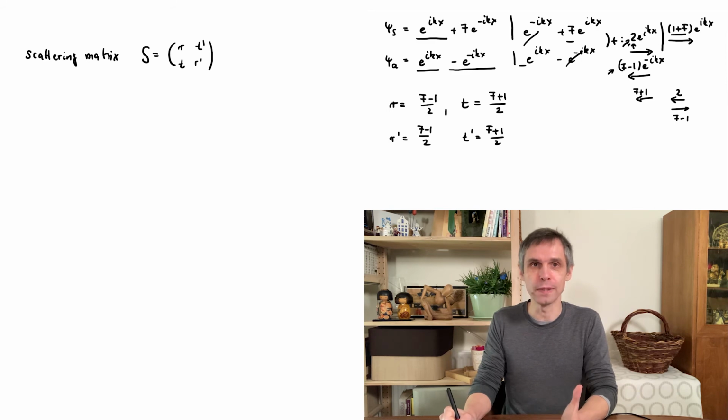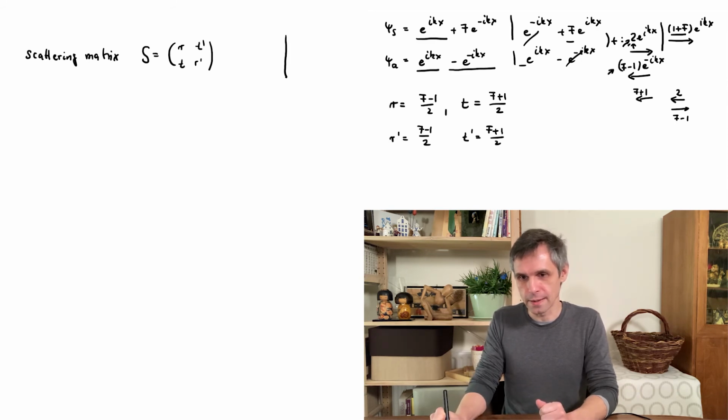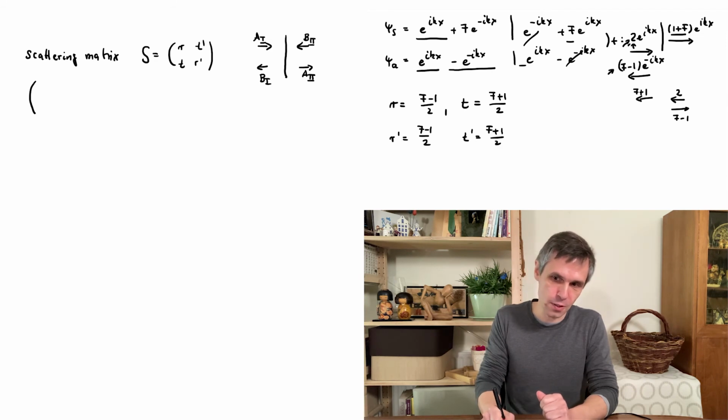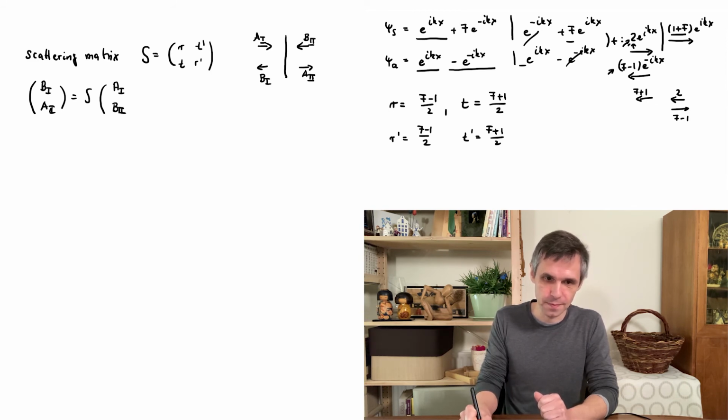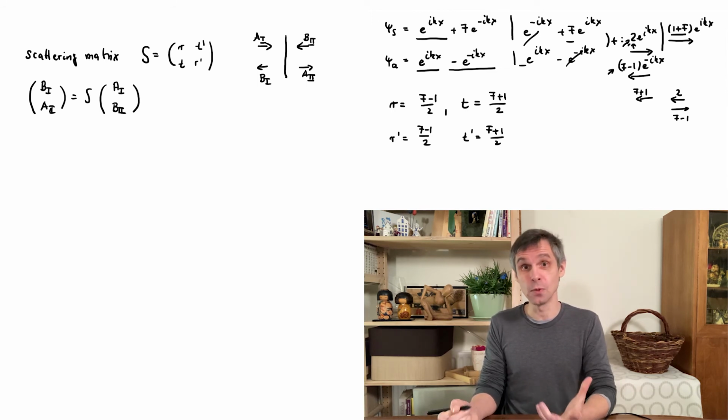What this does is to relate the amplitudes of the incoming particle from either side, so either A1 or B2, to the amplitudes of the particle moving away from the scattering region, so B1 and A2. So this simply gives us these coefficients, B1 and A2, by a matrix multiplication with these coefficients here. And this then gives us our most general solution.